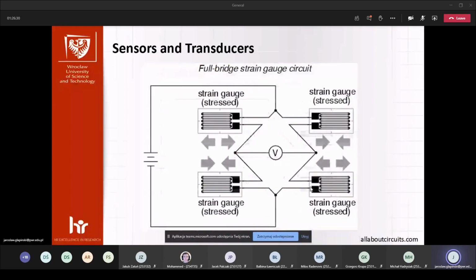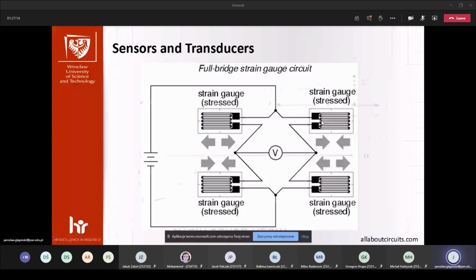In the same way, if we add four strain gauges to the measurement, we can double it again. So we get 4 times more signal. If this one and this one are stressed and these are compressed, we can make the signal high.